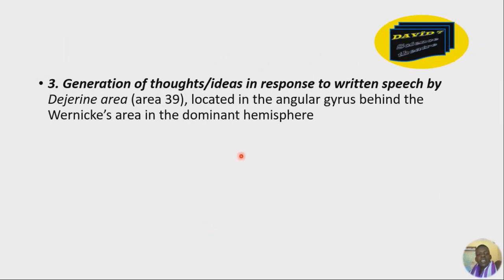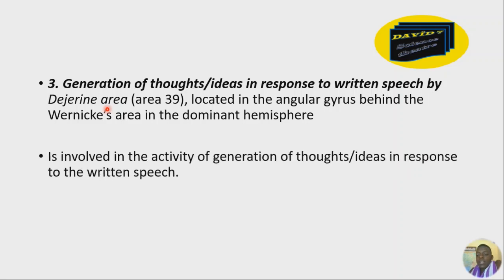Third, you must generate thoughts or ideas in response to written speech. And this involves the angular area 39, located in the angular gyrus, behind the Wernicke's area in the dominant hemisphere. So basically we have to generate the ideas in response to written speech, and that is done by the angular area 39, not Wernicke.